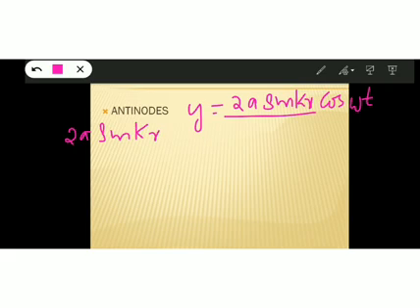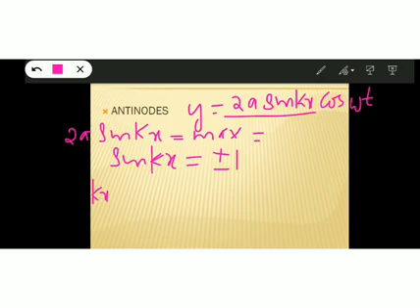And what is the maximum value of sin theta? The maximum value of sin theta is plus or minus 1. And when does sin theta take maximum values of plus or minus 1?